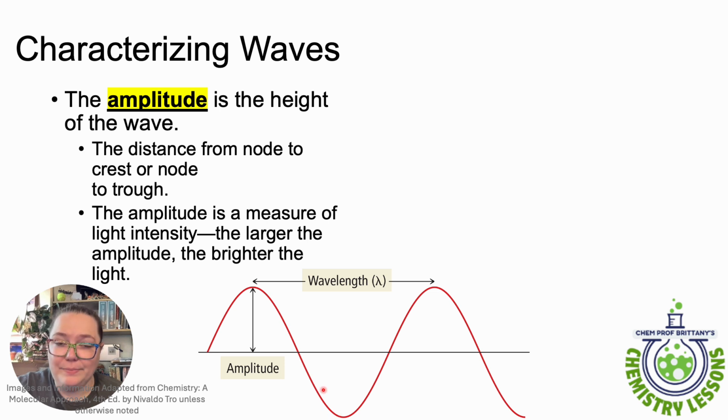And our amplitude, when we're talking about electromagnetic radiation, is a measure of the intensity of the light. So the bigger the wave, the taller the wave is, the brighter the light is.